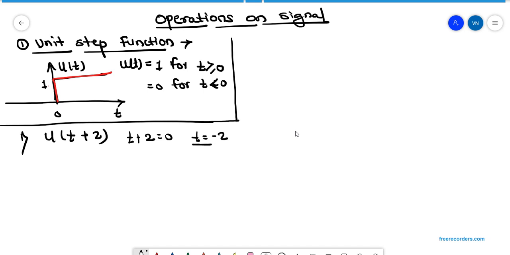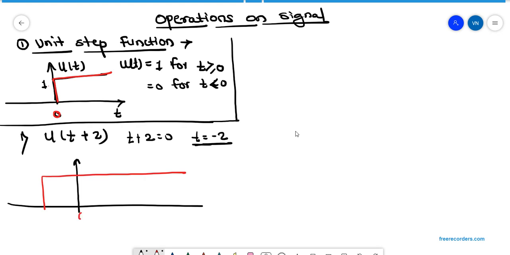As per this example, we can understand that I have to delay that signal, which means I have to shift that signal by minus 2, so the signal automatically starts from minus 2. So the meaning is that t plus 2 defines that the signal should start from minus 2.